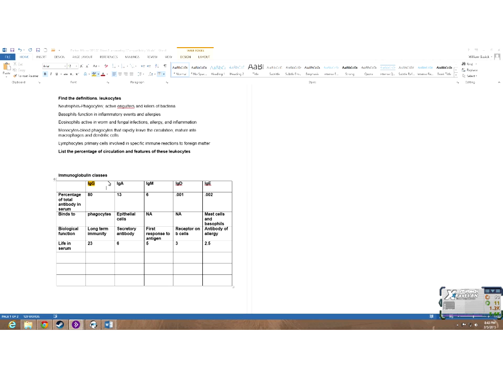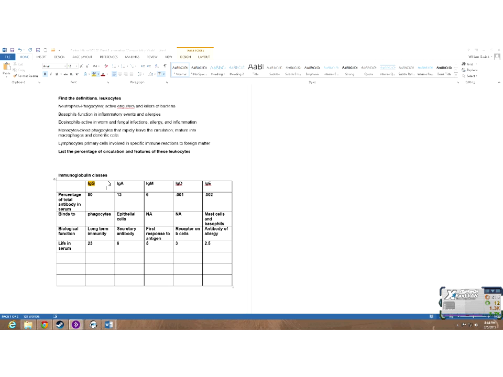Okay, yeah. Just know that your latent period, your IgM is going to build up, and then your IgG is going to come up. The second time, your IgG is going to be a huge response, and your IgM is going to be little. Does that make sense? I went a little fast, but hopefully.